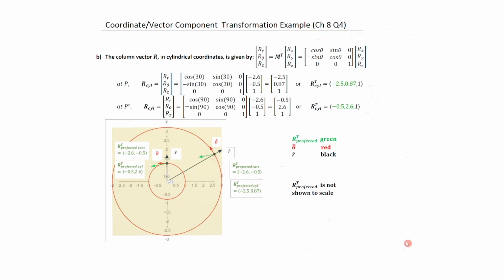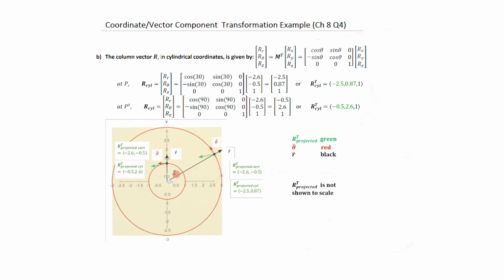Okay, so you'll notice here, for instance, there's R^T projected, which is green. All right, so if you look here carefully, if I wanted to express this green vector in terms of the basis vectors x hat and y hat versus here, essentially it would be looking at the same problem.